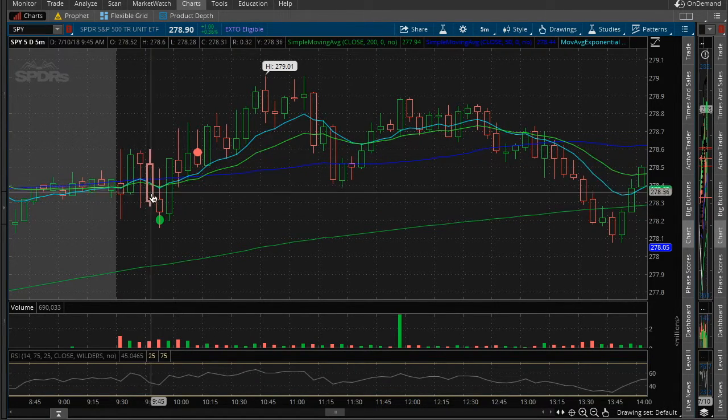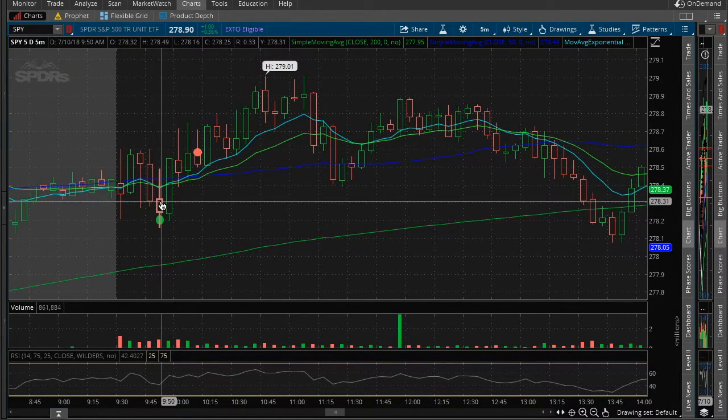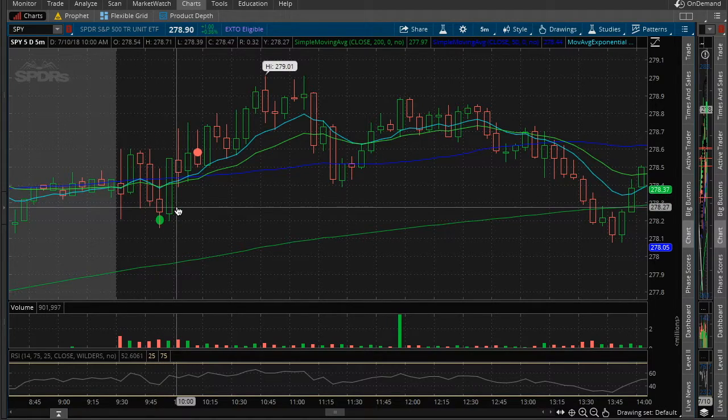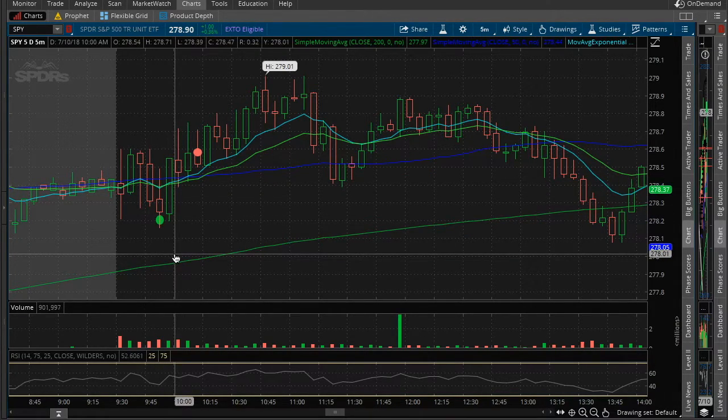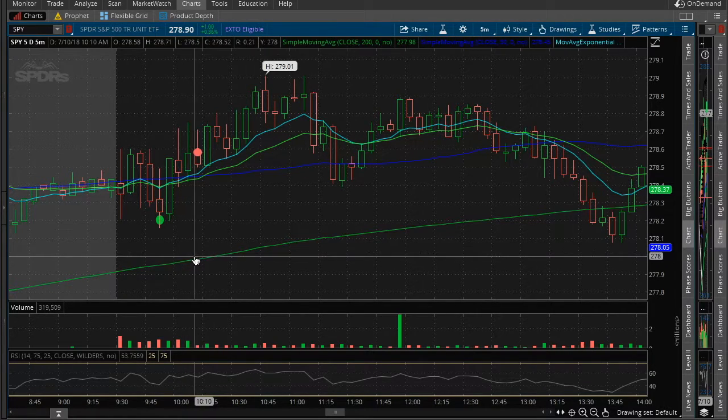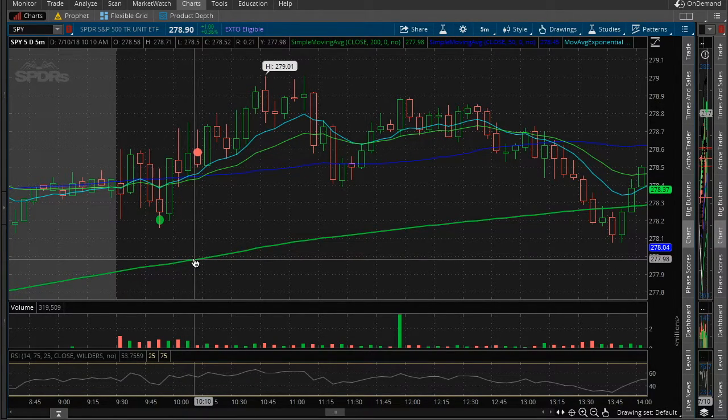We came down hard, and then we developed this really tall wick on this candle here, which was telling me there's a bunch of sellers up here that don't want shares and are just starting to get rid of them. So I was like, let's get in on the put side. We'll ride the contract down to about the strike price of 278, which somewhat coincided with the 200 period on the 5-minute chart. Things looked good.